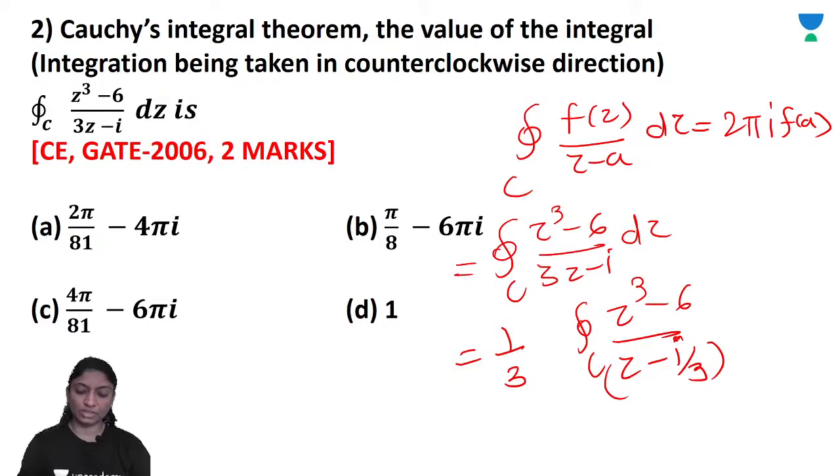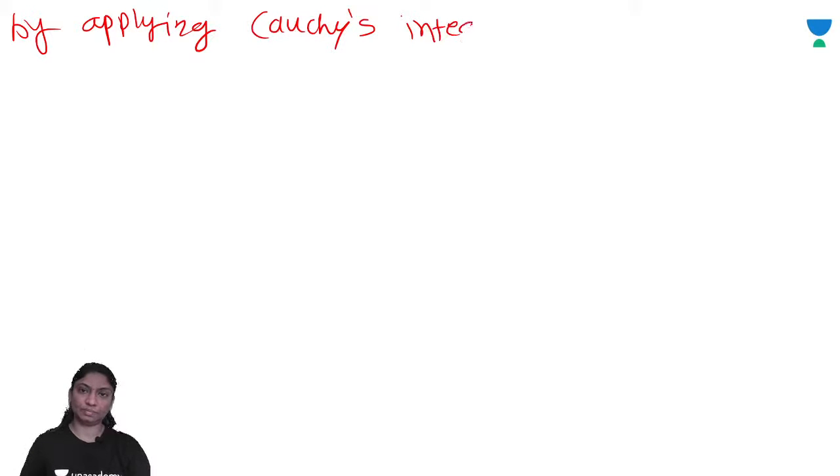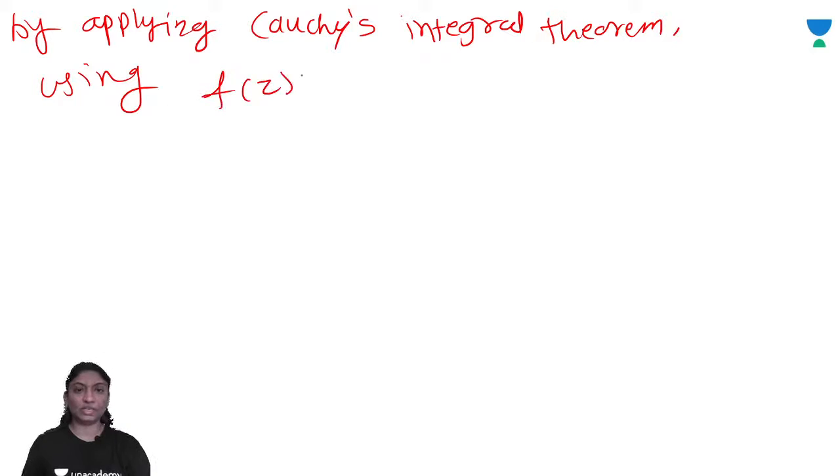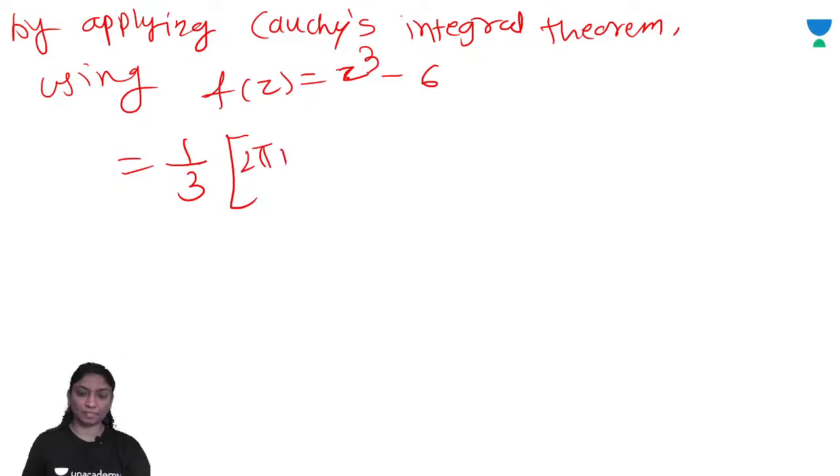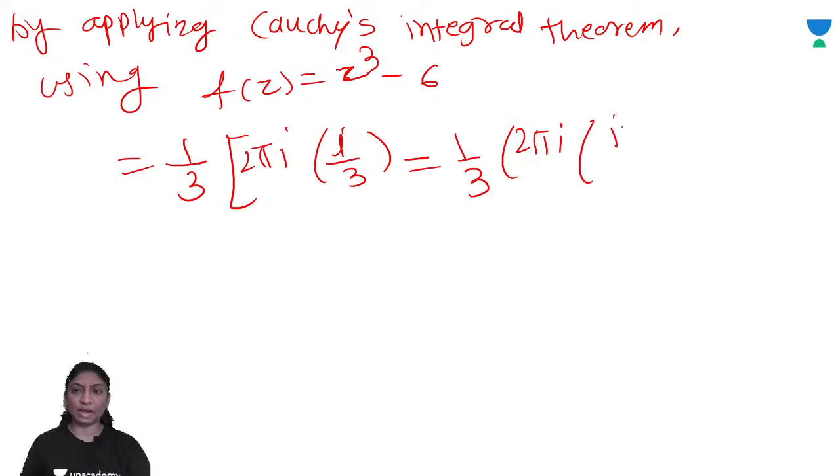By applying Cauchy's integral formula, using f(z) is equal to z cube minus 6, this is equal to 1 by 3 into 2πi into f(i/3), which is 1 by 3 into 2πi into ((i/3) cube minus 6).